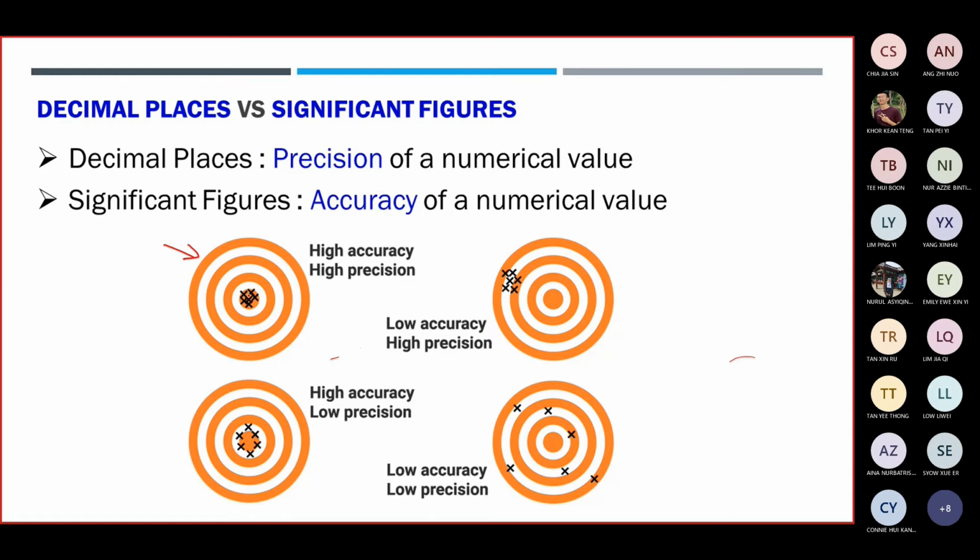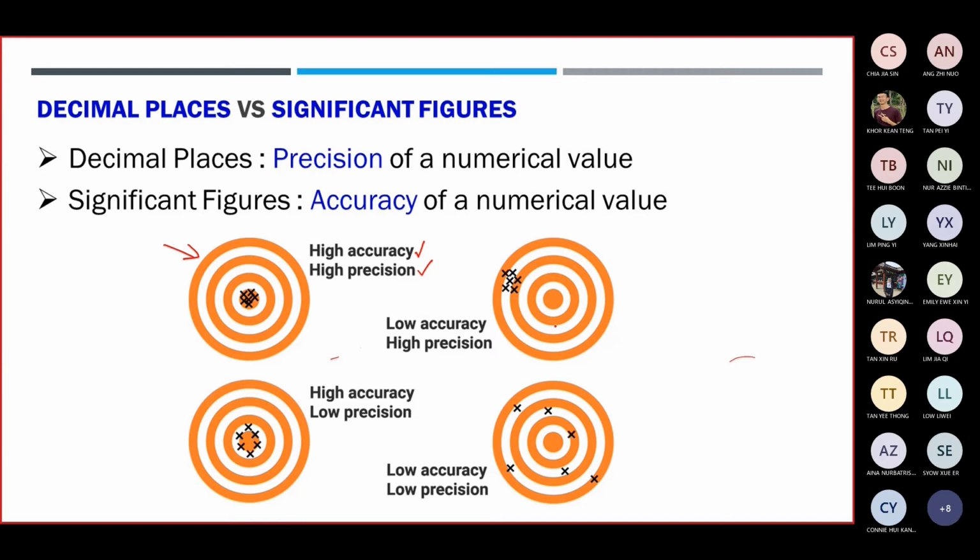All the marks or targets end up at the center point. So we call this high accuracy and high precision, and all the hits come close to one another and are focused on the center point.